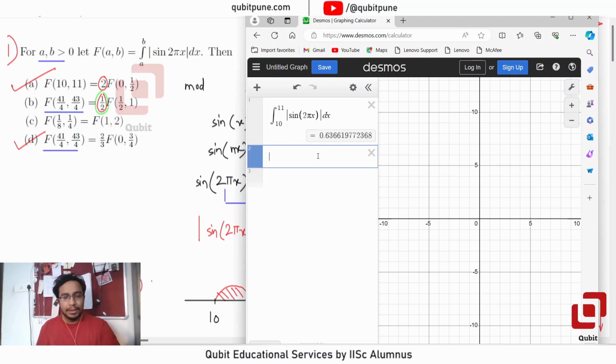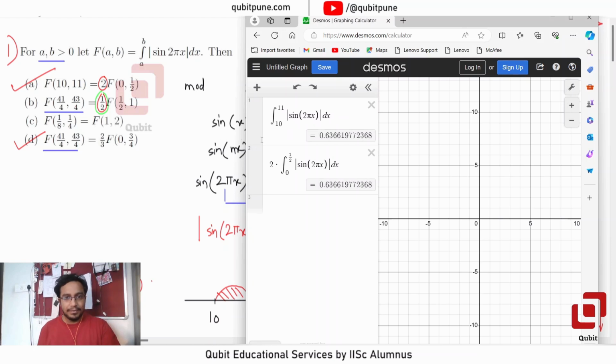Okay. Now let's go for 2 into integral 0 to half sine of 2 pi x. They both are the same, so option A is correct. Now let's go to option B. Oh, I shouldn't have erased that.